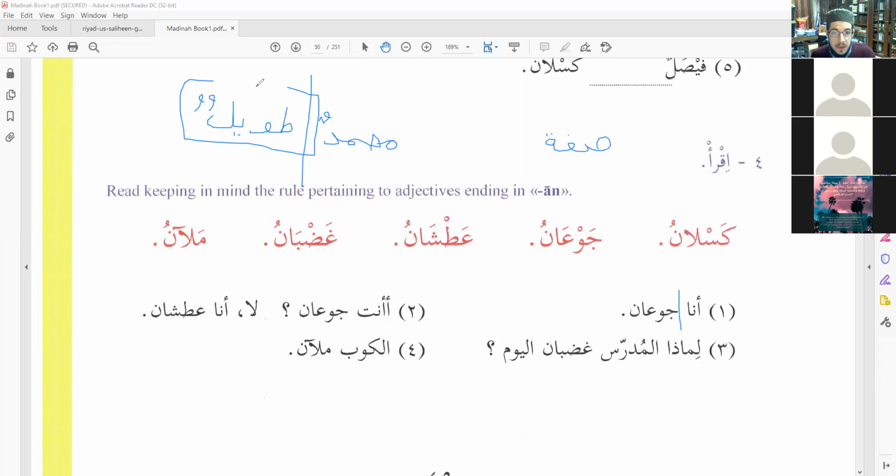So whereas Tawil is technically a Sifah in that it describes something, and it specifically describes what's in the Mubtada, it's not part of the pairing construction of Sifah Mawsoof, where the rules of agreement apply. If all we do is add a word to the sentence, we say Muhammadun rajulun tawilun.